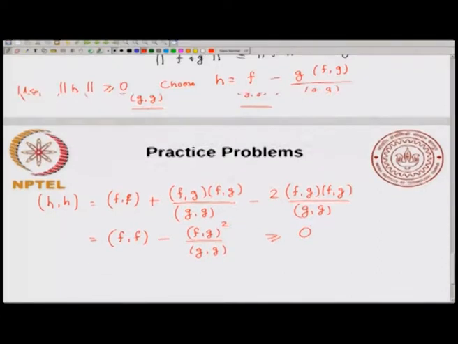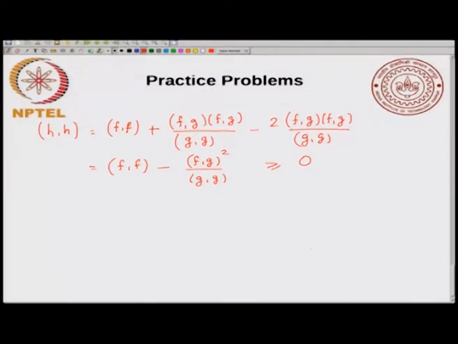And that immediately implies (F comma G) whole square should be less than or equal to (F comma F) times (G comma G), and this is the Schwarz inequality. So we have proved the Schwarz inequality.